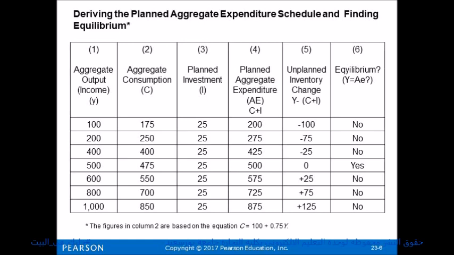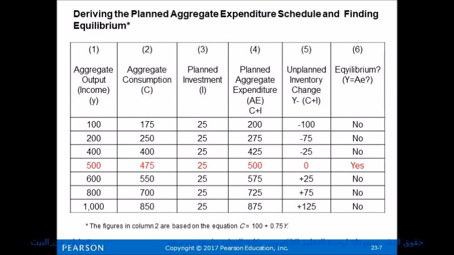Also, at a level of income of 400, we have a level of consumption of 400 to be added to the value of investment, which is 25. So 400 plus 25 is going to give us 425. We can continue calculating the remaining values for planned aggregate expenditure at the remaining levels of income in the same way or using the same method.